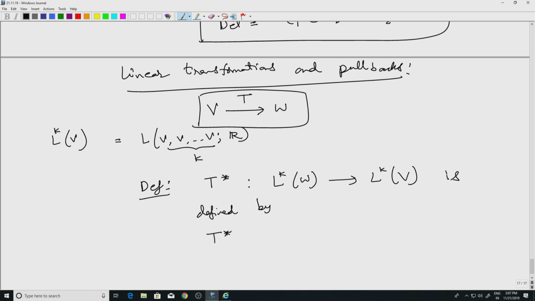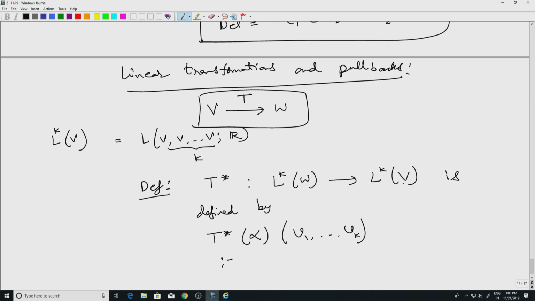so the input for T upper star is going to be an element of L^k(W). Let's call it alpha. And the output T star alpha is supposed to be an element of L^k(V). So this should act on V1 all the way up to Vk.